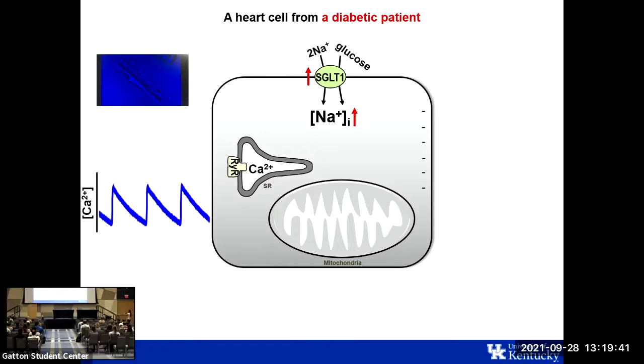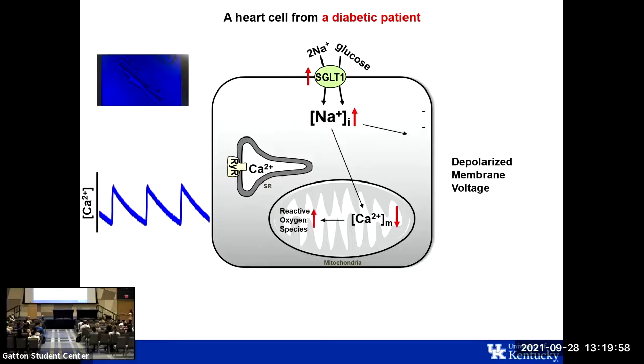During diabetes, due to increased expression of this protein, sodium concentration within the cell increases, and this affects the membrane. The membrane gets depolarized, and it also reduces the mitochondrial calcium. This results in increased reactive oxygen species like peroxides, which can damage the calcium releasing channels of the sarcoplasmic reticulum.